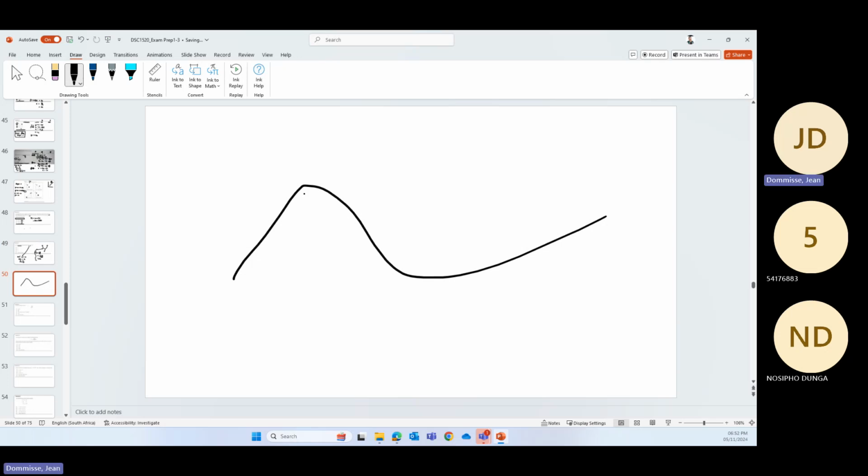Then to get to the turning points, I will not be able to say that x is equal to minus b over 2a, because that doesn't work. But what I can do to get to that point is get the lines that touch it.